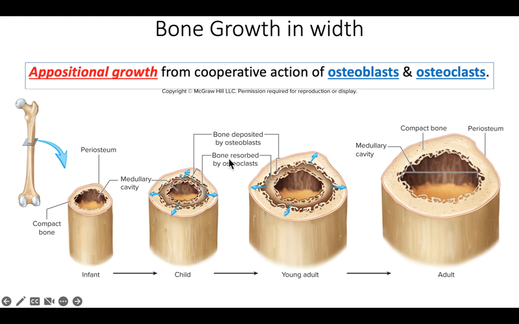All right, notice we're doing bone resorption using osteoclasts. So they dissolve that inner layer, right, making the cavity bigger. But as the cavity gets bigger, you build more bone, so bone deposited by the osteoblasts on the outer surface. So you're hollowing out the inside, adding bone to the outside, and that's how a bone will grow in width. So now we've got long bones that can grow in width and that can grow in length.